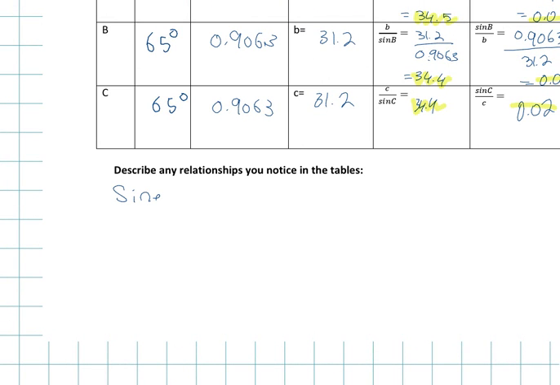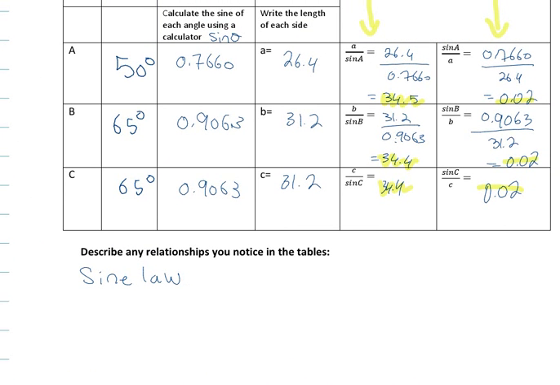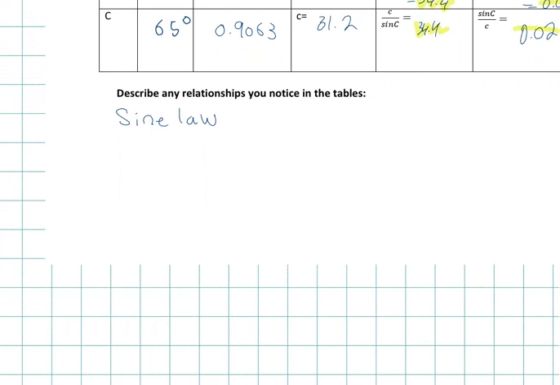And from what we just explored right now, the sine law says that A over sine A is actually equal to B over sine B, and then it's equal to C over sine C. So the sine law, which we just discovered, says that A over sine A is going to equal B over sine B, and is going to equal C over sine C. No matter what my angles and sides are, this is going to work.